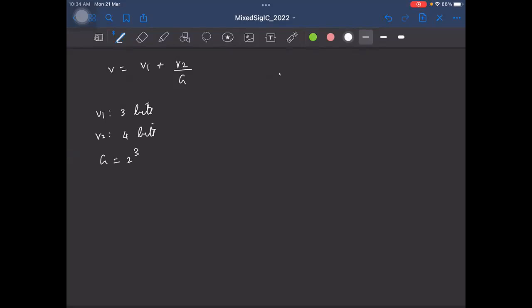So let us say V1 is some 3-bit output. Okay, I write it as X1, X2, X3. So similarly, V2 is some 4-bit output. I'll write Y1, Y2, Y3, Y4. Okay. So what will be V2 by 2 power 3? So remember, this is a digital output, right?